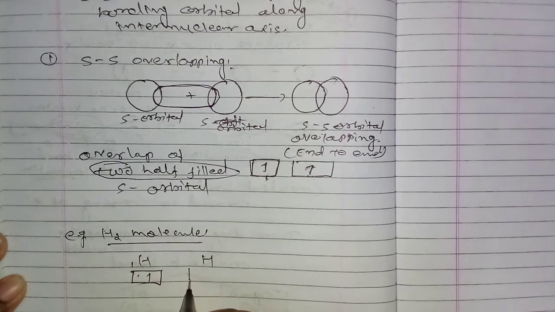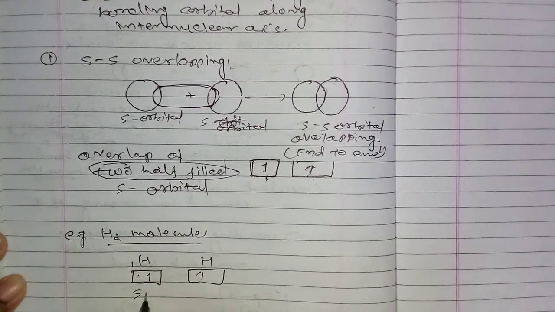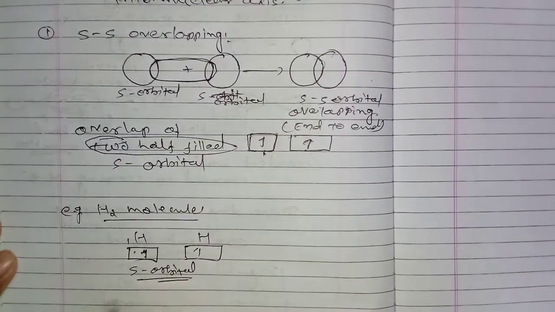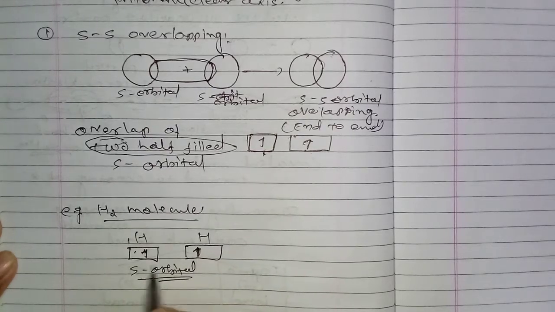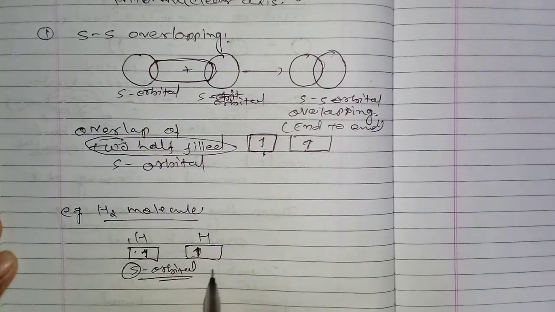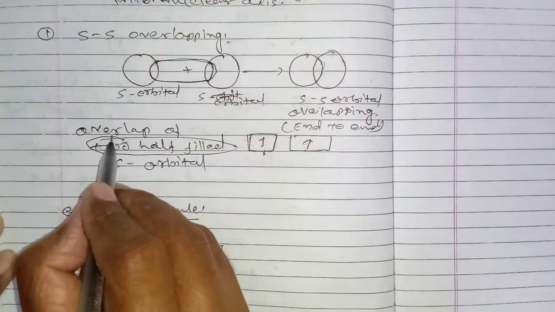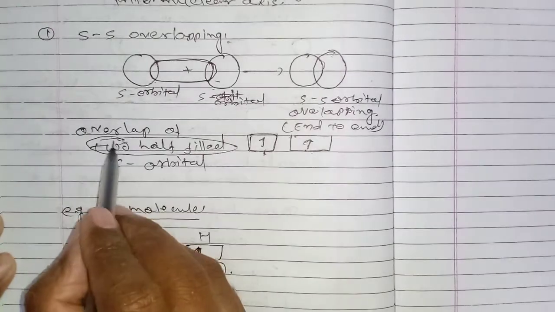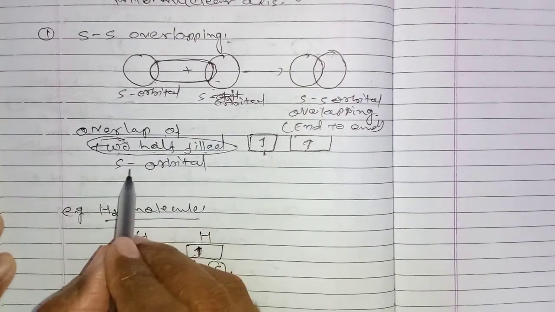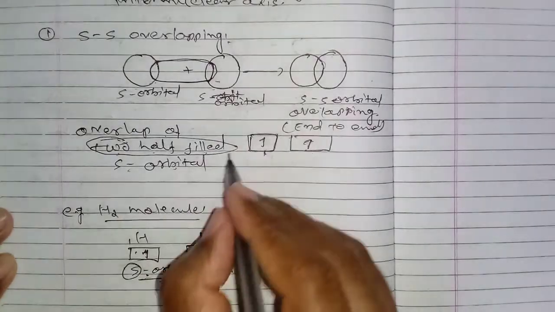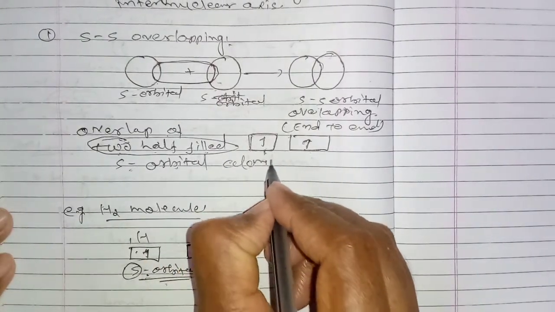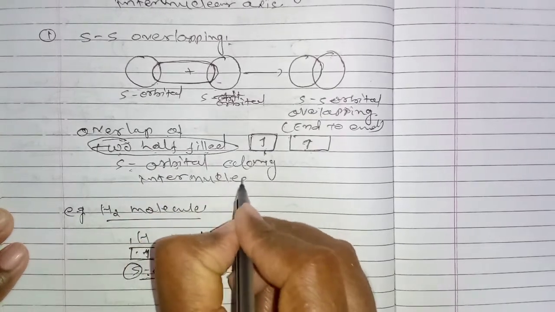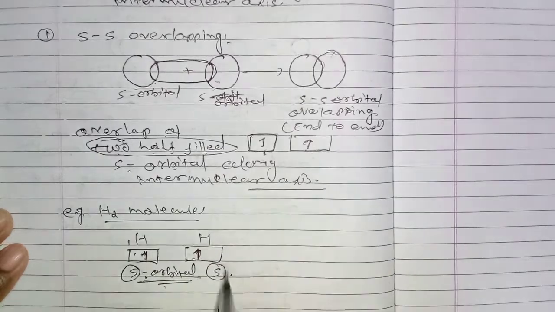So in the s orbital there is a single electron. This is the overlapping of two half-filled s orbitals along the internuclear axis.